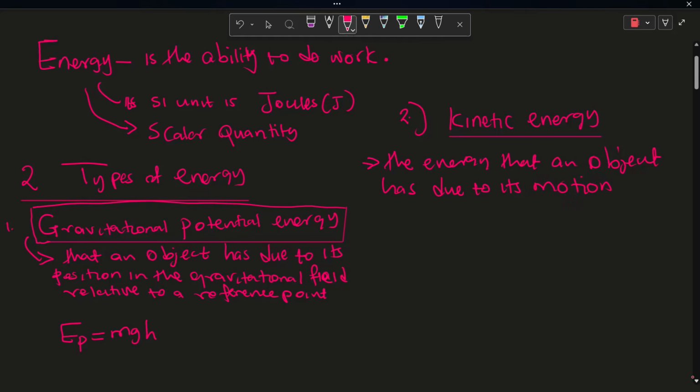Because of the motion. This has something to do with motion, and this has something to do with position. See? And then what is the formula for this? It's EK. EK is equal to 1 over 2 mv squared.